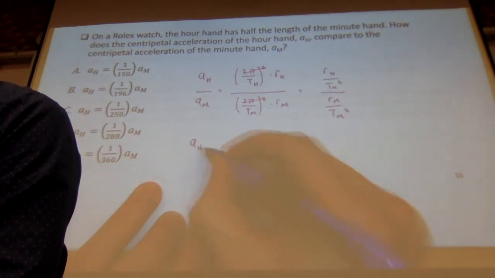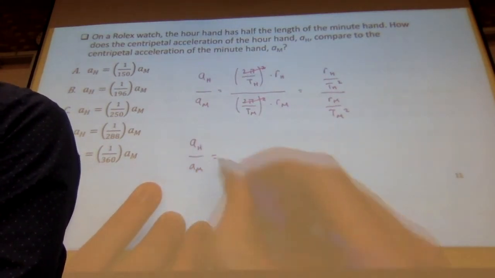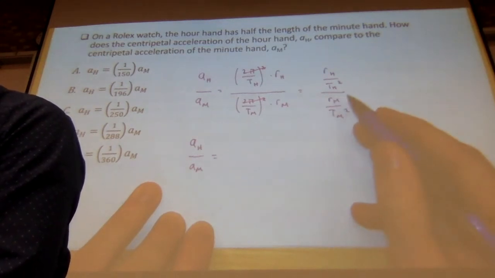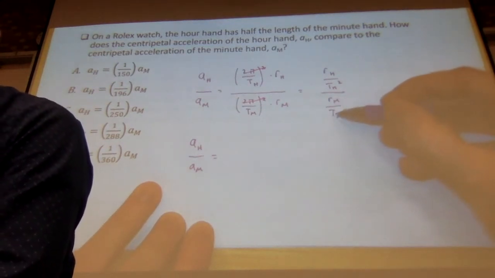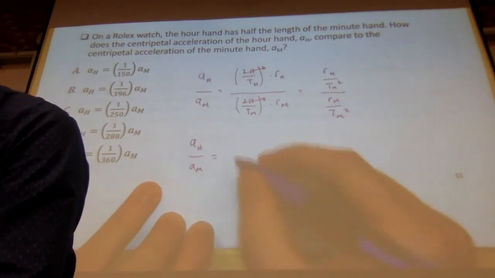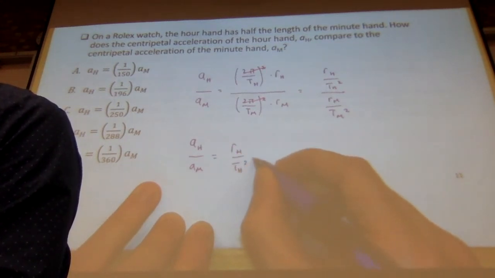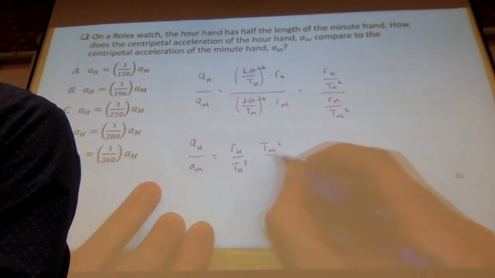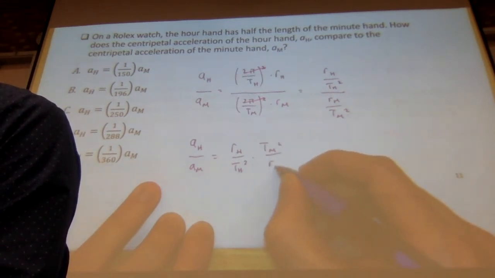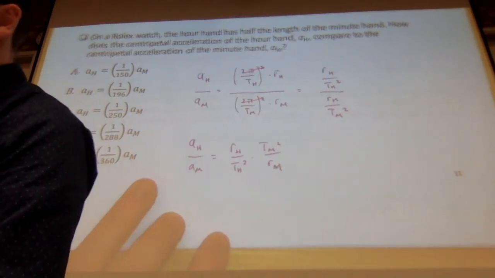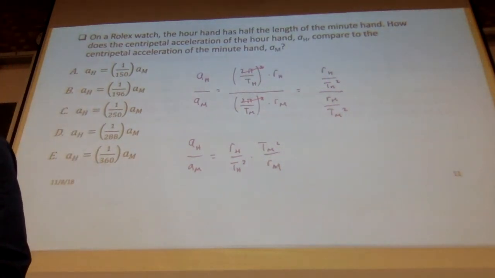So A_H over A_M is, I'm going to flip these upside down. It's divided by a fraction, so I turn the bottom fraction upside down and multiply. So R hour over T_H squared times T minute squared over R minute, right? Okay, so I'm down to that part.